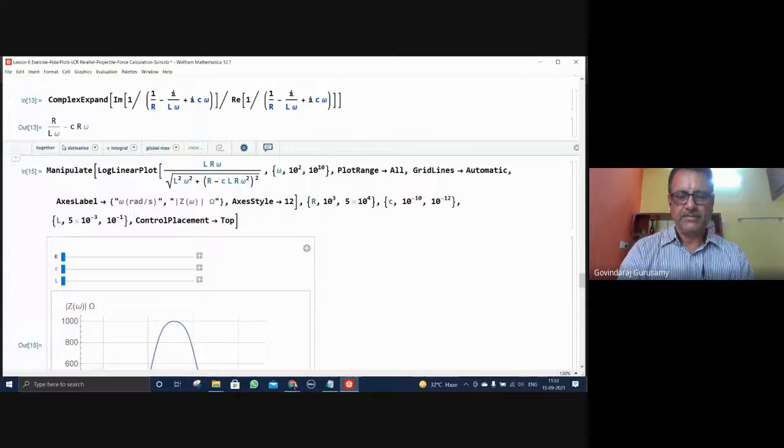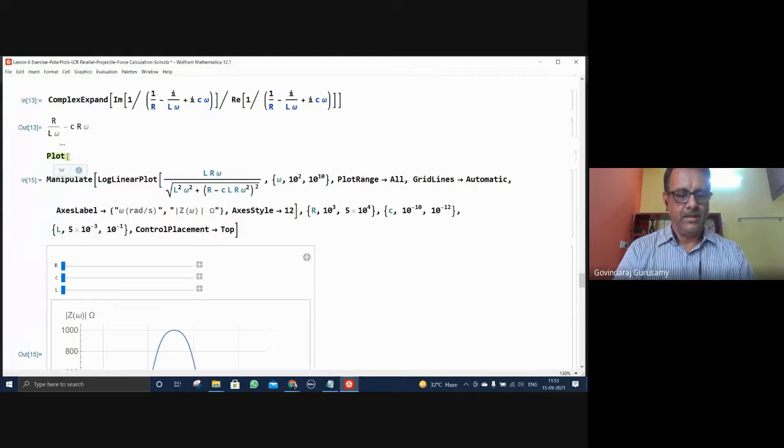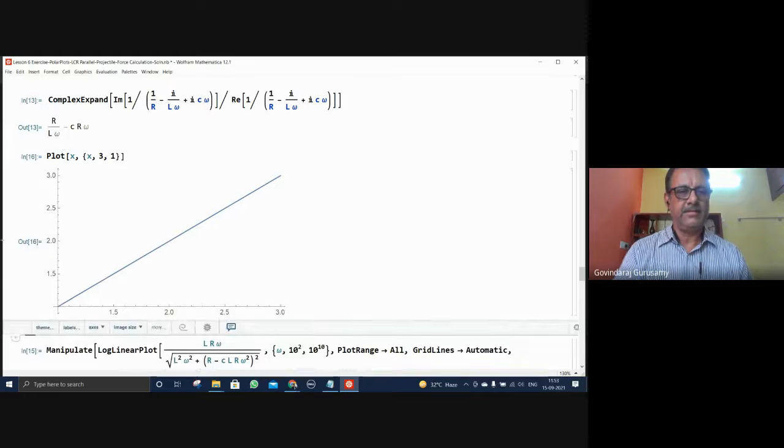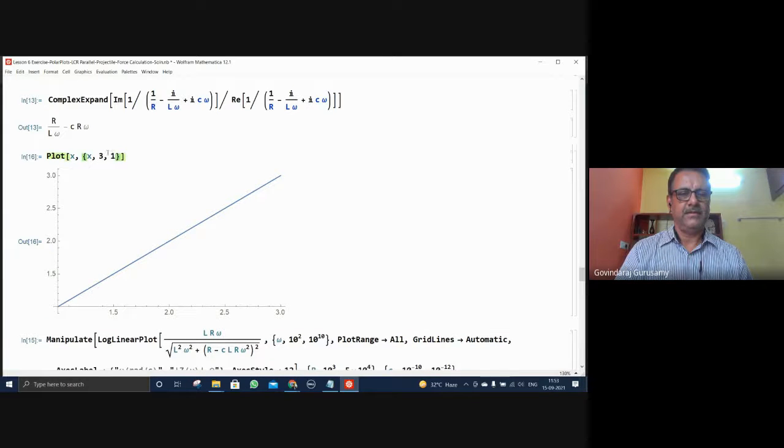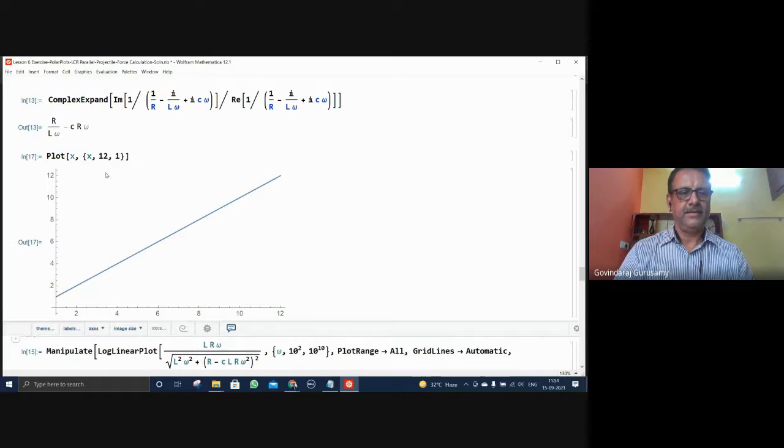I want to check Plot x, varying x from 3 to 1. Plot. It's coming, no problem. In the earlier version I had this problem that the range should be given properly, otherwise I used to have a problem. Now it's fine. It can be smaller or bigger, it doesn't matter.